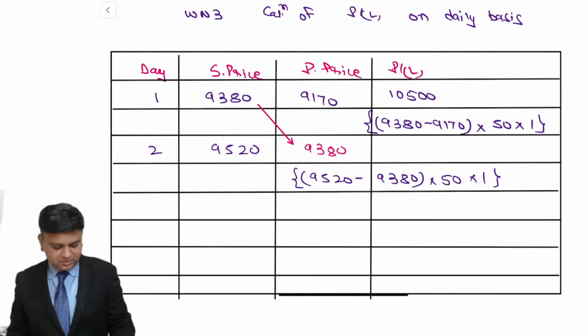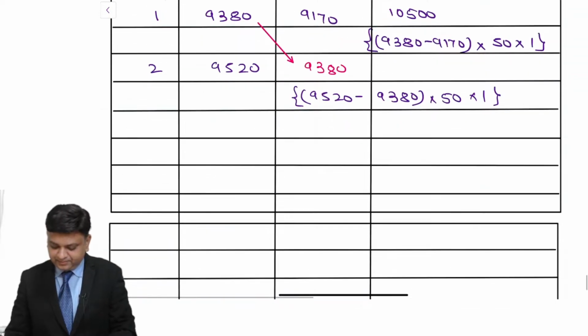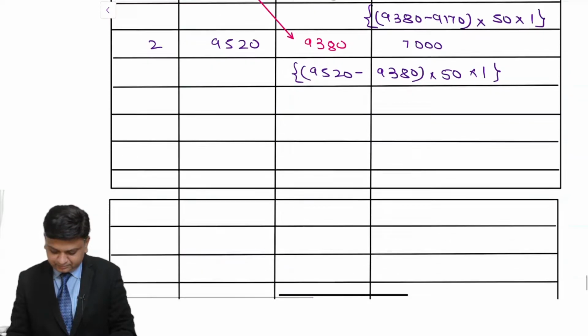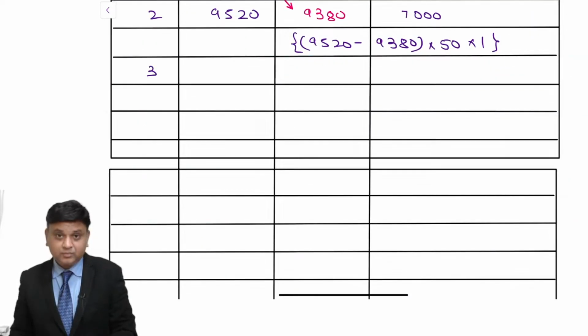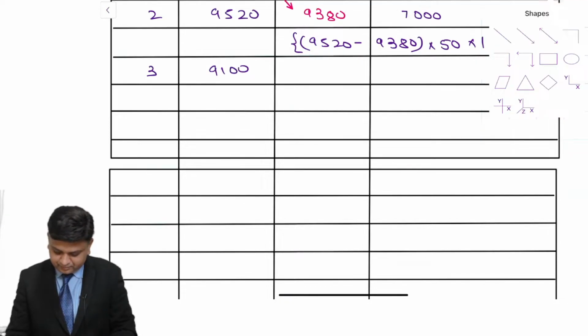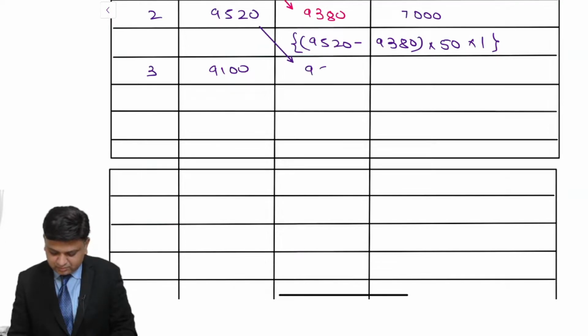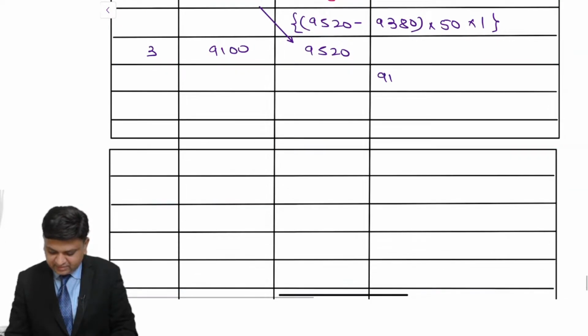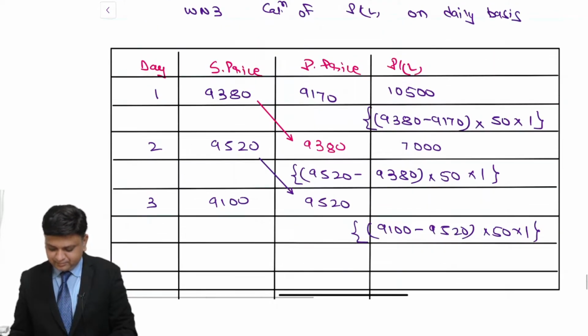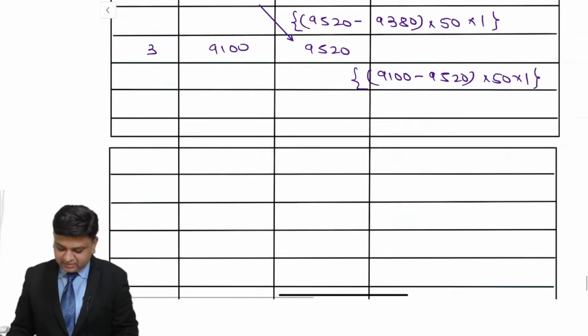It is 140 rupees profit into 5050, that comes to 7,000. On the third day, the price is 9100 against 9520. So 9100 minus 9520 into 5050 into 1. So loss of 420 into 5050, that comes to 21,000.